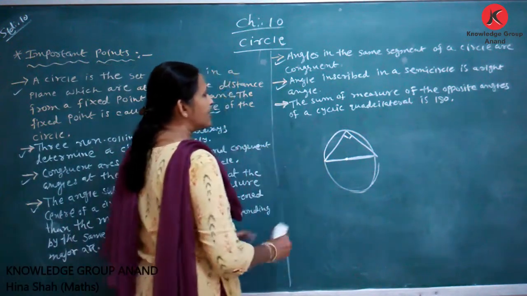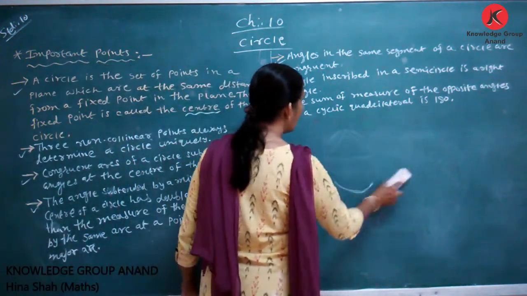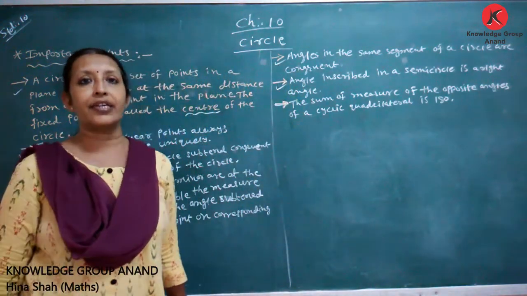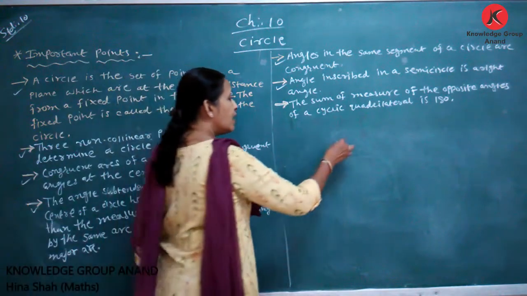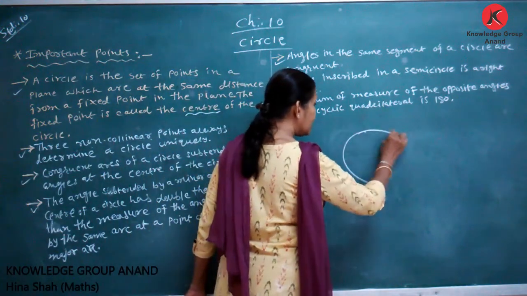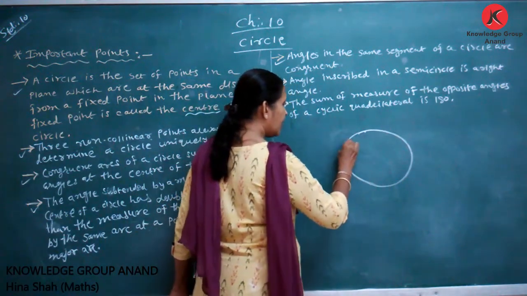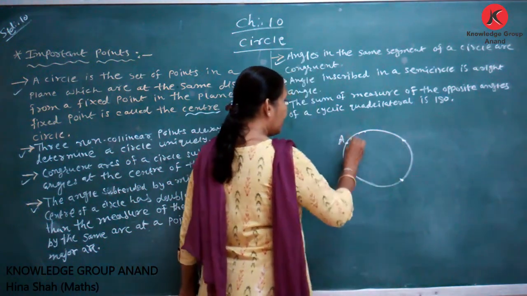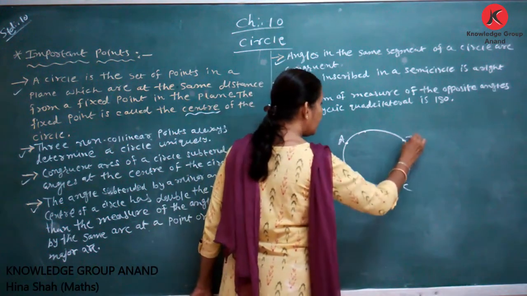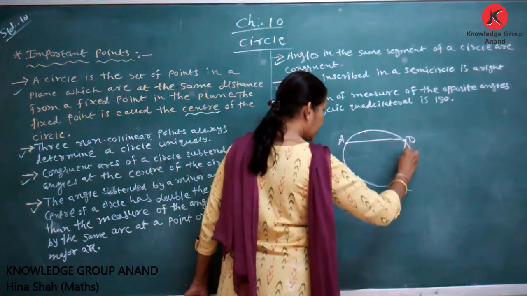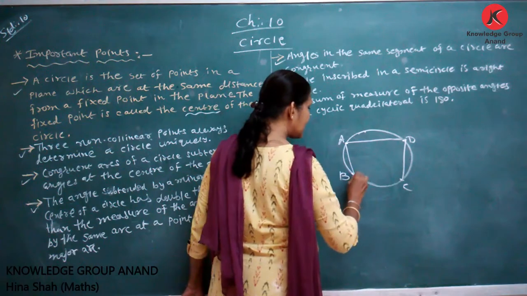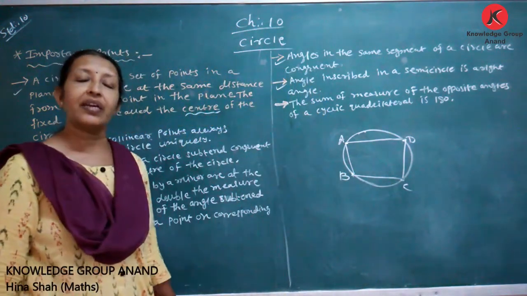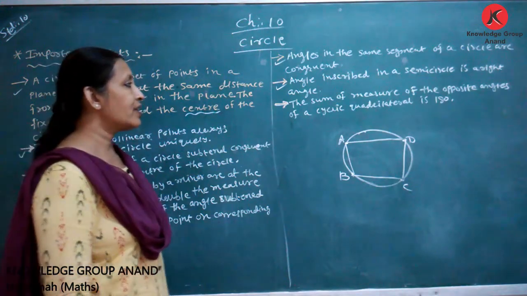The sum of the measures of opposite angles of a cyclic quadrilateral is 180. What is a cyclic quadrilateral? In a circle, if all the vertices of a quadrilateral lie on the same circle, then it is called a cyclic quadrilateral.